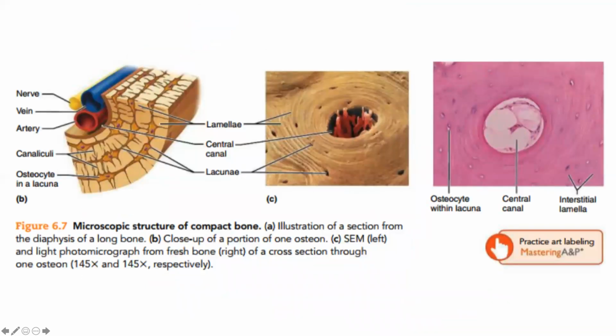So if we look at the structure of an osteon, now we are really magnifying into an osteon, and we cannot even see a whole osteon now. We can see only maybe a quarter of an osteon, which is made of the Haversian canal, or central canal. Inside the central canal, we have artery, veins, and nerves, neurovascular bundles, and they are surrounded by osteocytes.